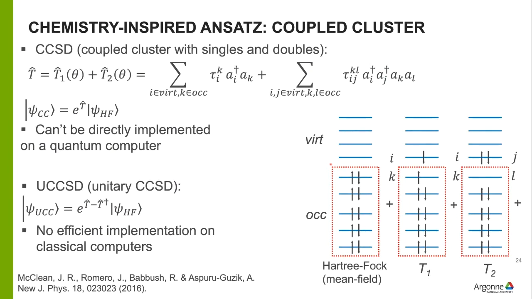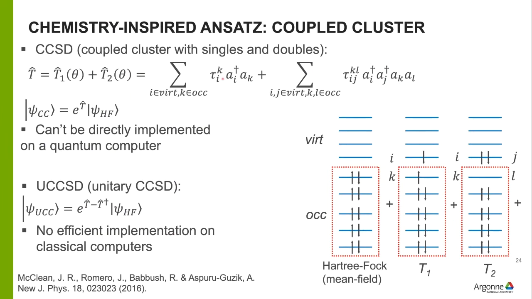We have some reference state, which is the Hartree-Fock, and then you excite the electrons using the T1 operator. You obtain the singly excited configurations, and using the T2 operator, you get the doubly excited.